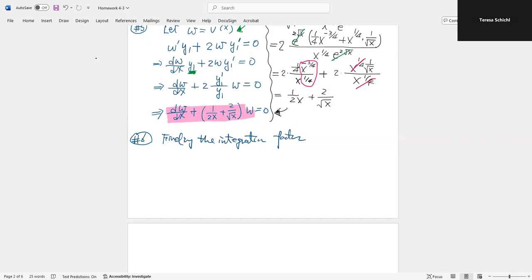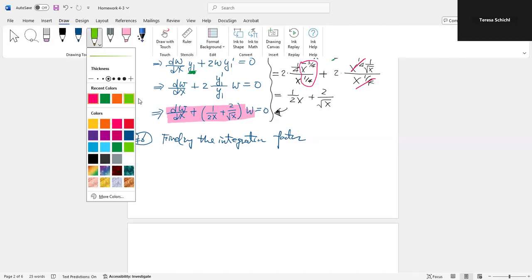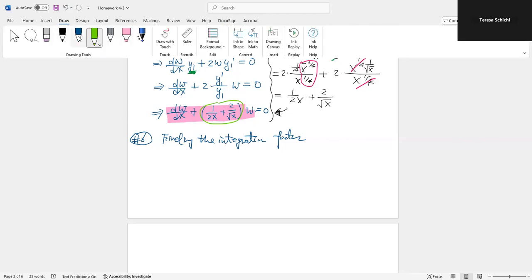How do we do the integration factor? Like we did before. So this is our p(x), right? That's why I highlighted this one, because we're going to substitute back.